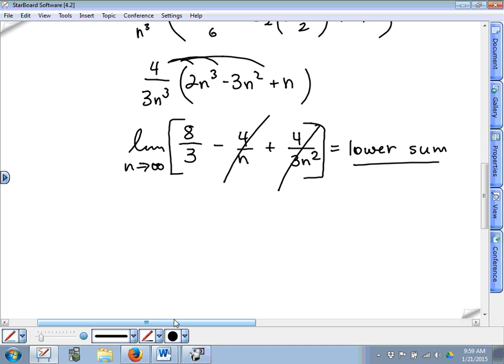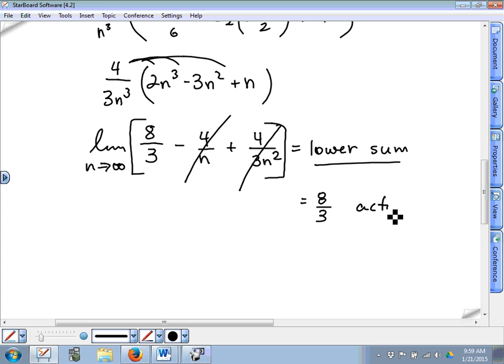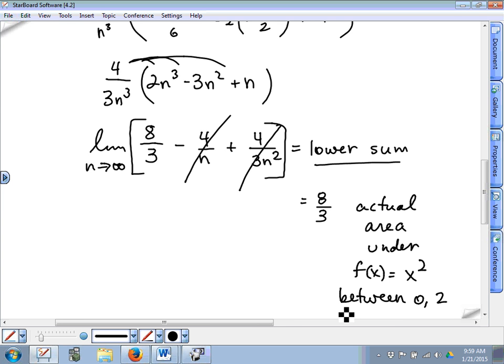So what are we left with? The limit as n approaches infinity equals 8/3. You guys, this is the actual area under f of x equals x squared between 0 and 2.